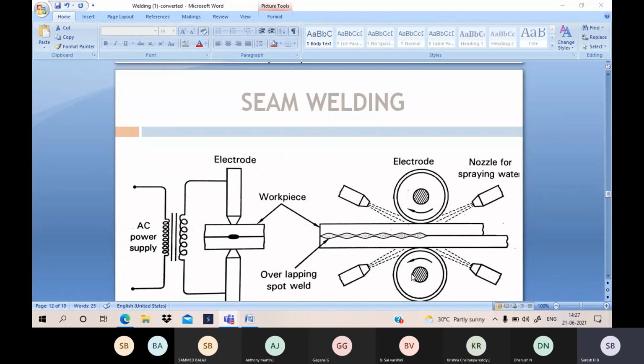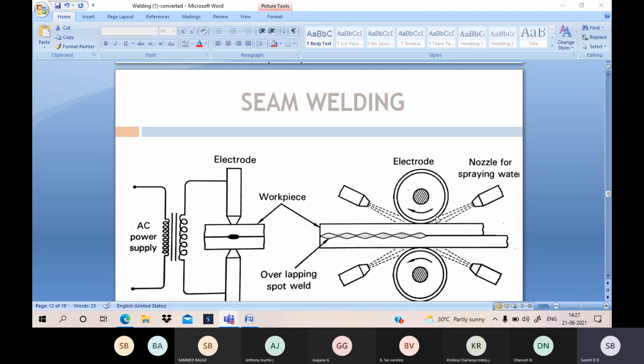Due to rotation of both the electrodes, in between them you can introduce both the pieces, this one piece and this one more piece. Once you introduce them in between the electrode rollers, due to the external force or pressure, both the metals are going to be joined.